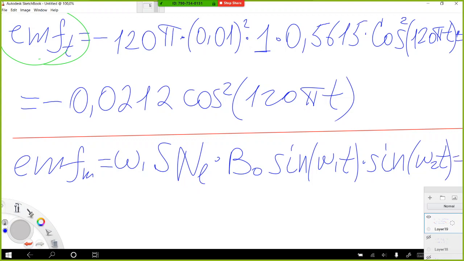So we already know that omega 1 is equal to omega 2, and we put the numbers here.